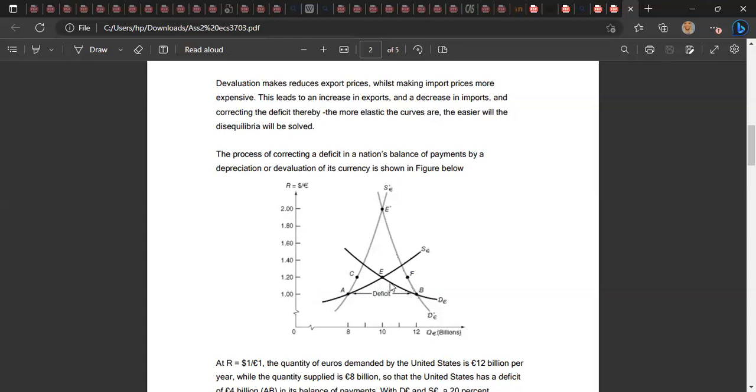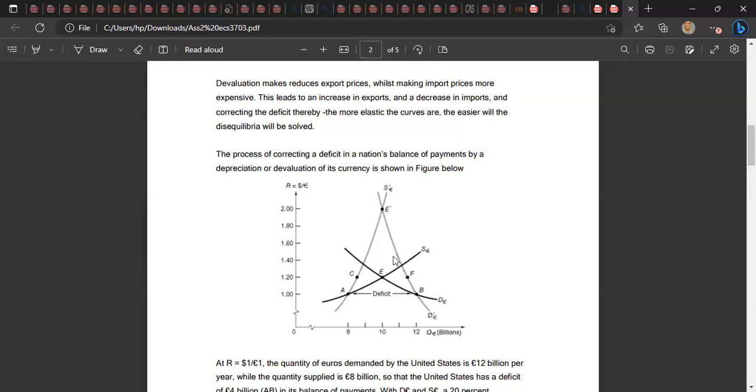There's a lot more involved, but for theory purposes, because sometimes the demand curve is not exactly the way it looks here. It may be shaped differently in practice, and you wouldn't really know what the shapes are. But in theory, we can conclude that whenever you devalue the currency, you are moving away from this deficit.